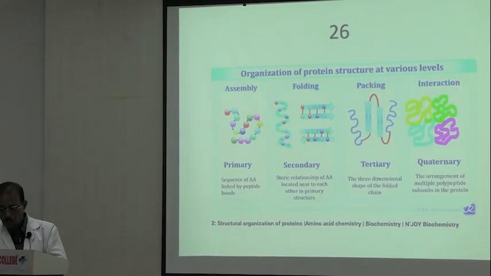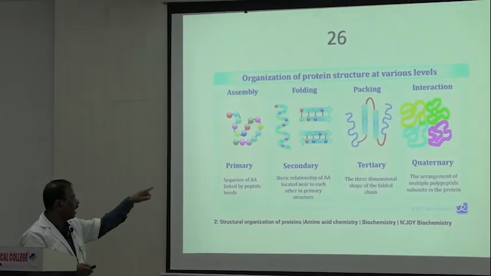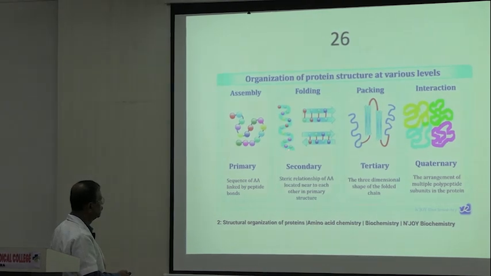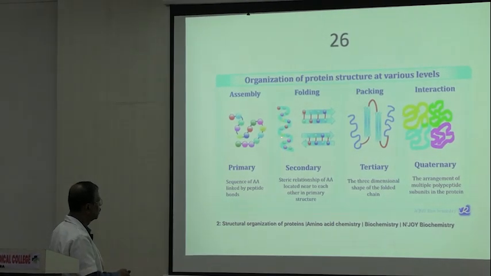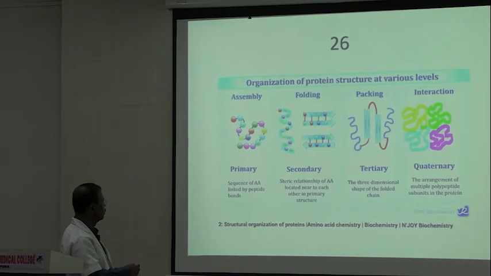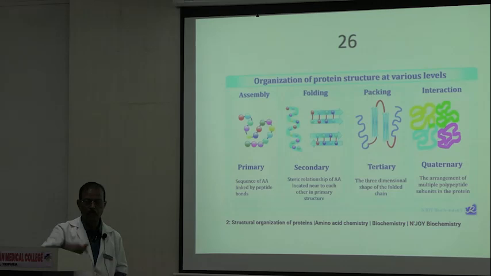Now, in case of one turn, say this is turned like that and it comes here. So it forms a 360-degree turn.